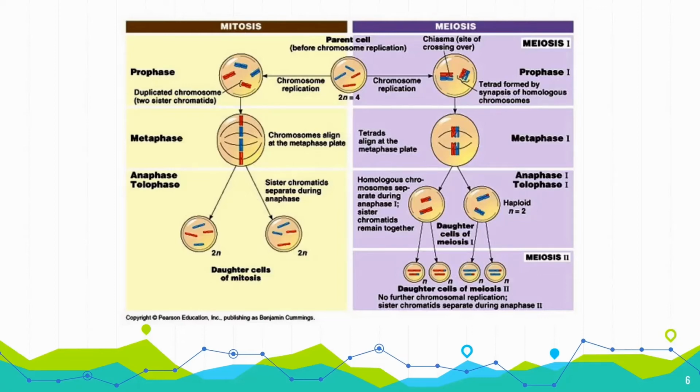And meiosis contributes to genetic diversity through independent assortment, random fertilization, and crossing over. But in mitosis, there are identical somatic cells for growth and repairing damage. And meiosis creates sperm and egg cells, which are gametes.